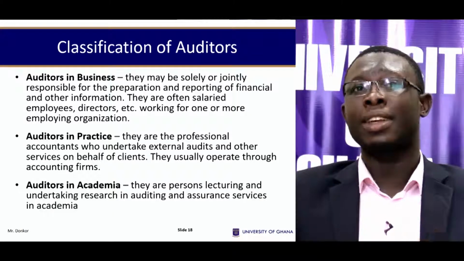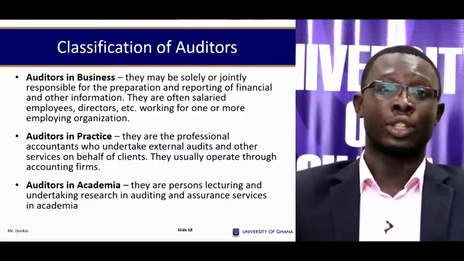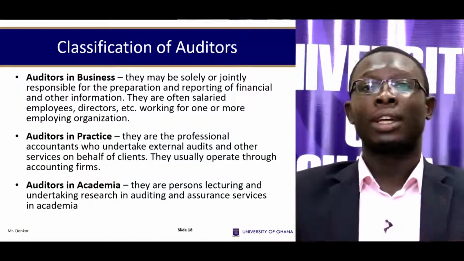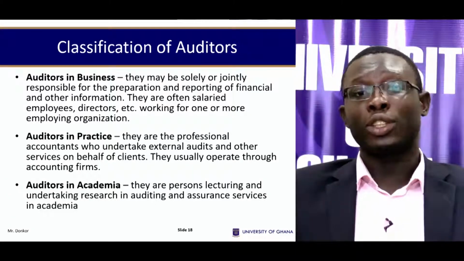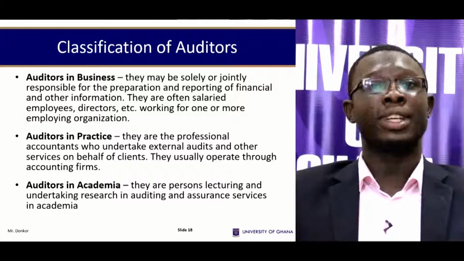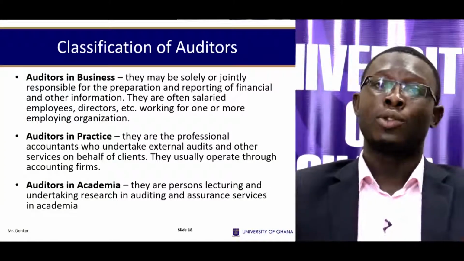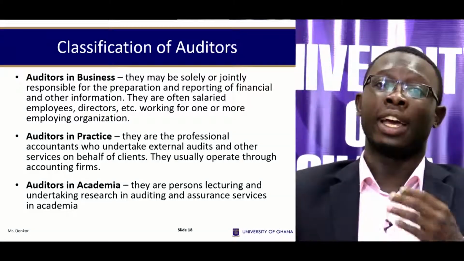So they are mainly employees of a certain organization. For example, I can work for the University of Ghana as an auditor. So here I'm an auditor in business. I can work for any private organization as an auditor. So what qualifies me here is what?